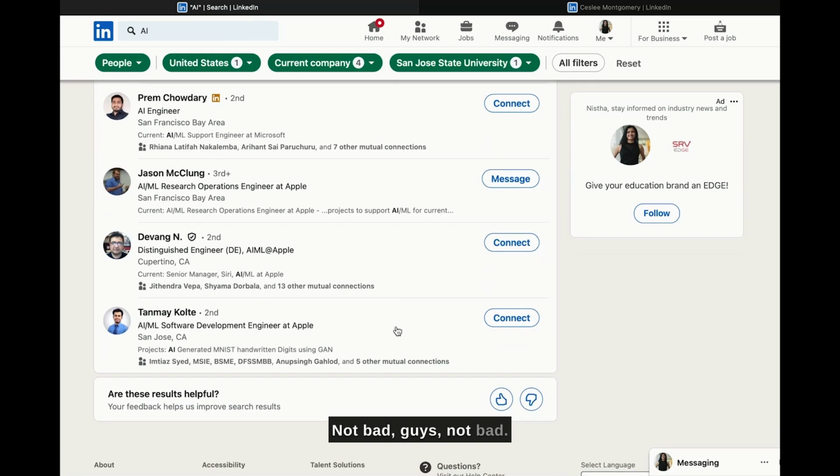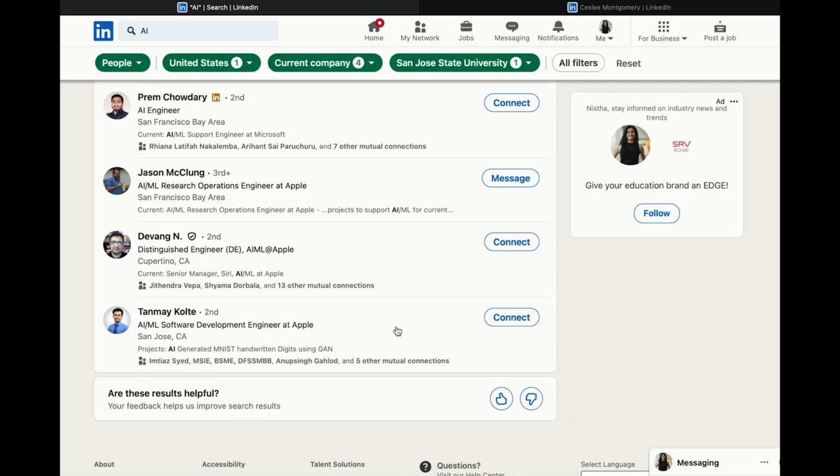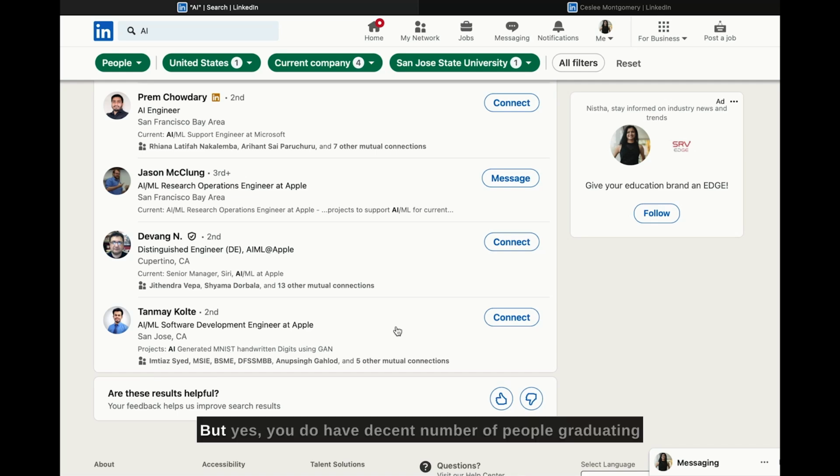Not bad, guys, not bad. And this is the reason why I think location matters. Even though San Jose is ranked probably lower than Tufts, I don't know, you do have a decent number of people graduating from there and working at one of these companies. So this is why location is important, right?